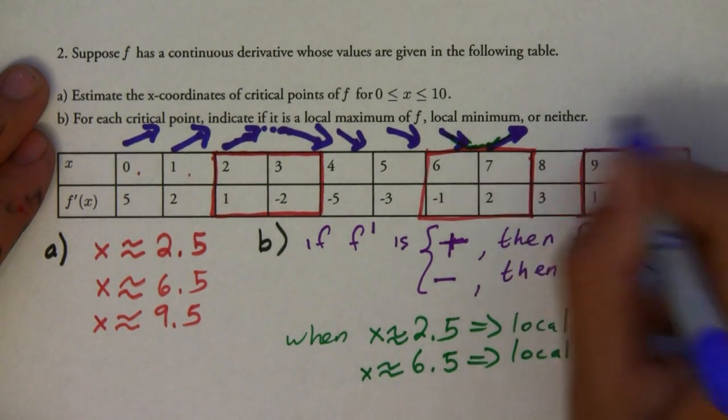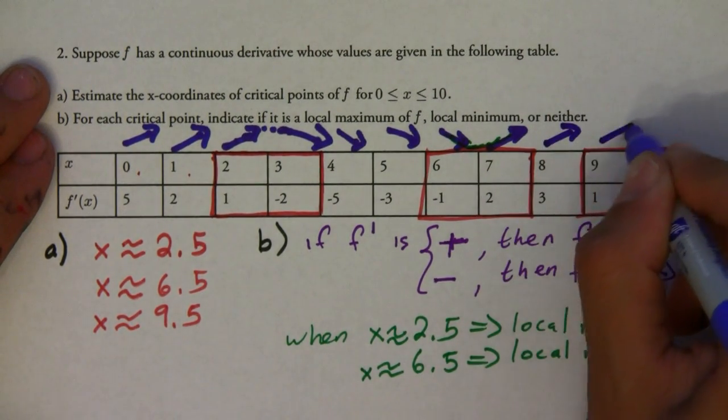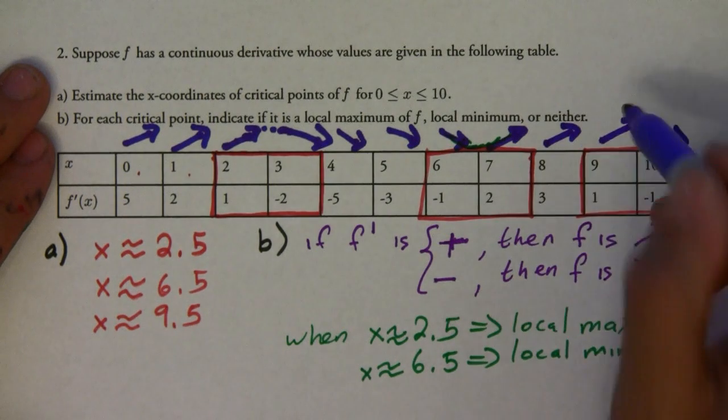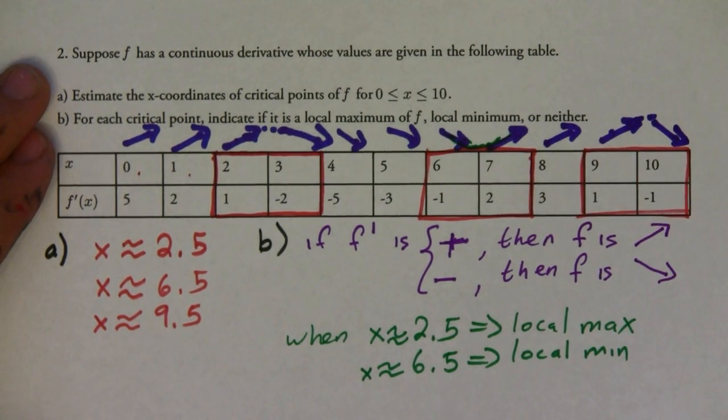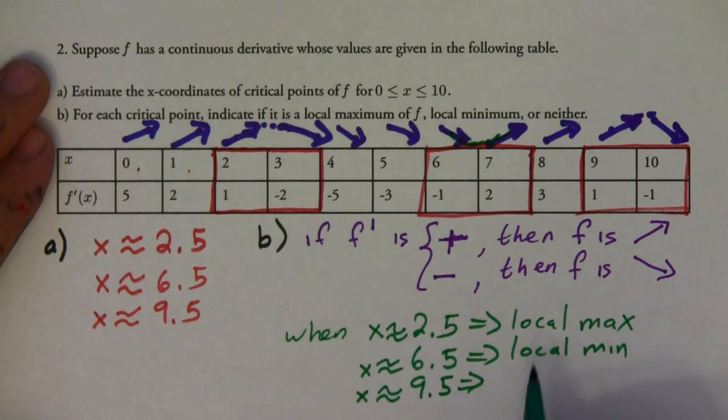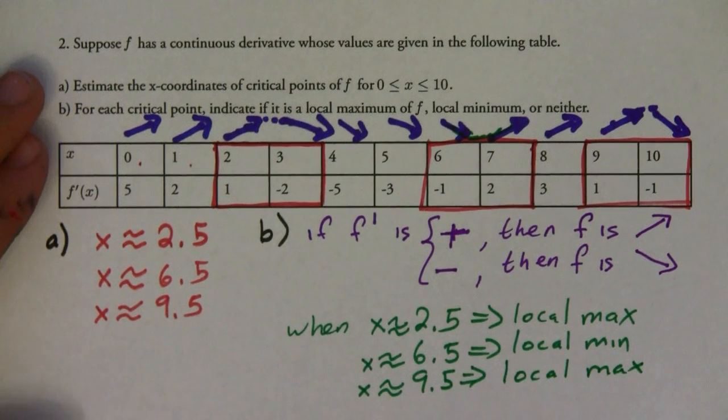And I'm sure you could probably guess by now the next one: increasing and then decreasing. This tells us that it's a local maximum as well. So when x is about 9.5, we have a local maximum. And that's it.